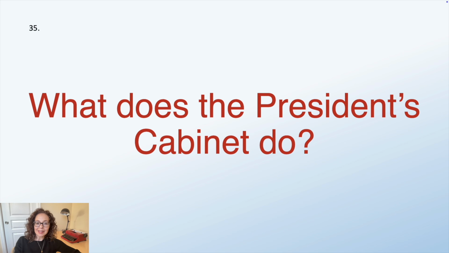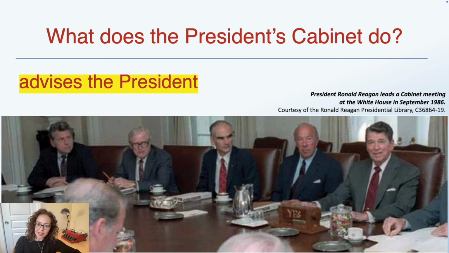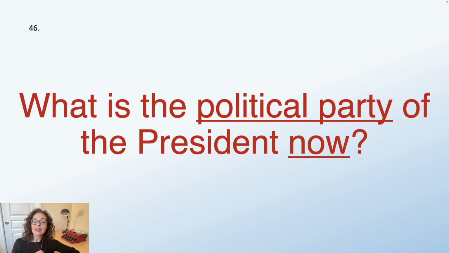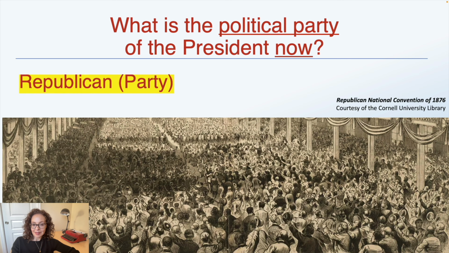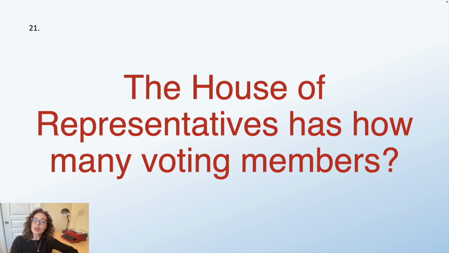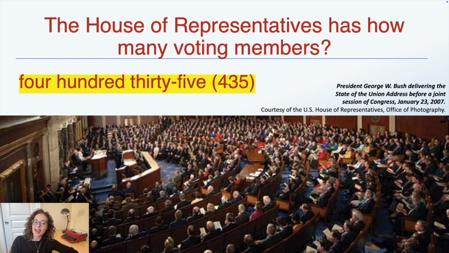What does the president's cabinet do? It advises the president. What is the political party of the president now? Republican. The House of Representatives has how many voting members? 435 voting members.